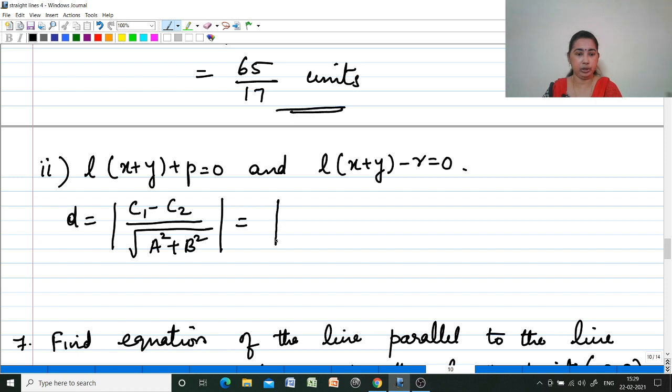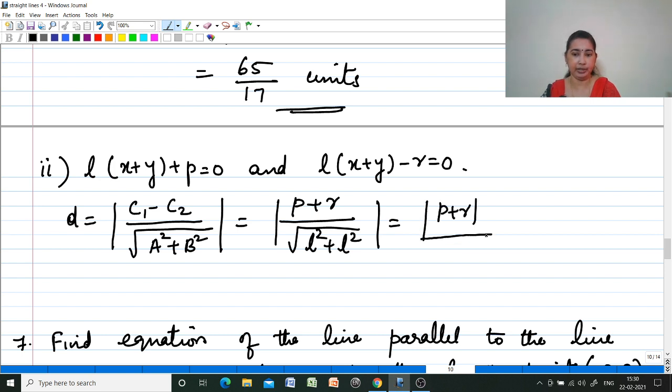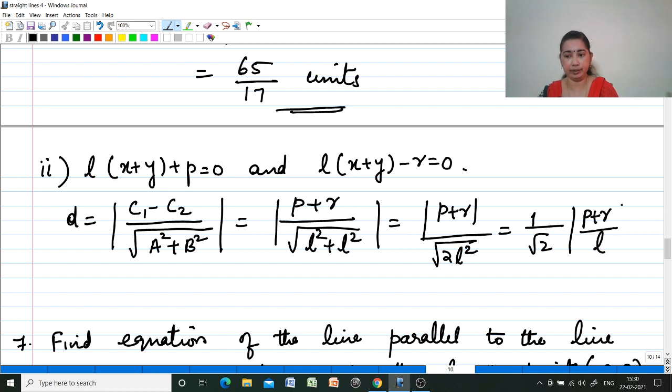That is equal to modulus of c1 minus c2, which is p minus minus r, so p plus r, divided by root of, both x coefficient and y coefficient are L, so L square plus L square. That's equal to modulus of p plus r divided by root of 2L square. That's equal to 1 by root 2 into mod p plus r by L units.